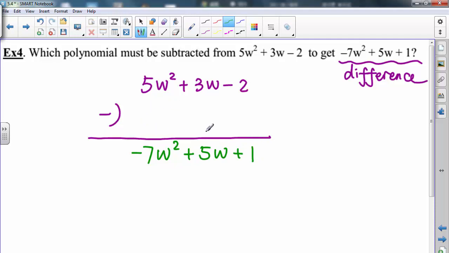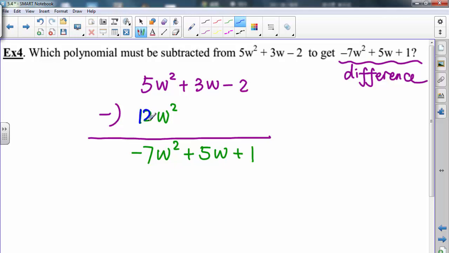Okay, let's look for the second polynomial. How can we find the second polynomial? If we know the first polynomial and the difference, we can use 5w squared minus this difference. 5 minus negative 7, so this one is 12w squared.